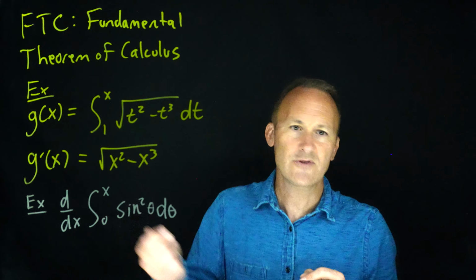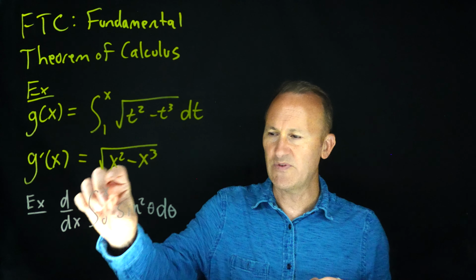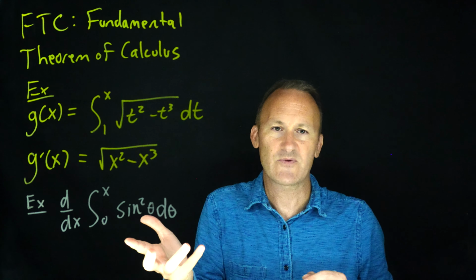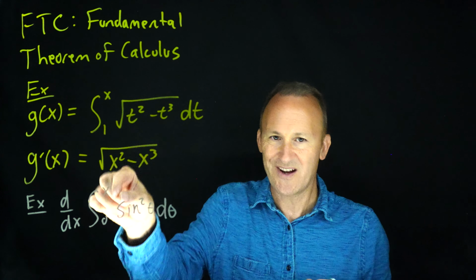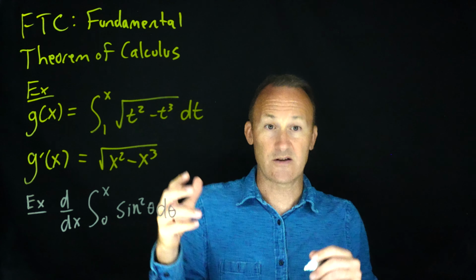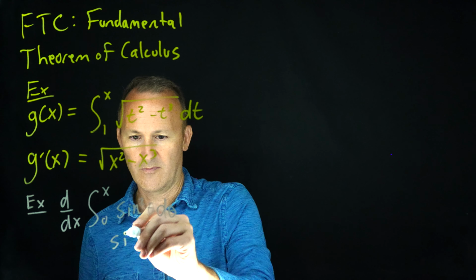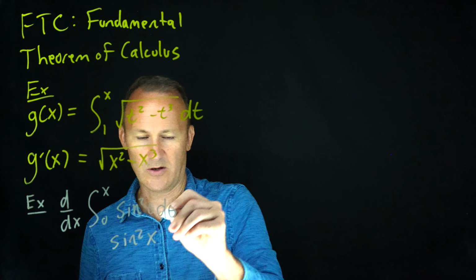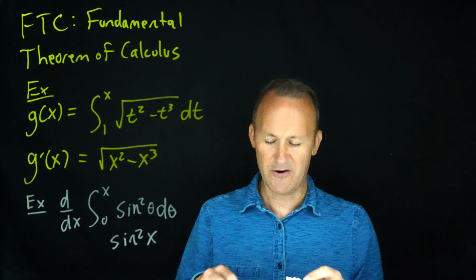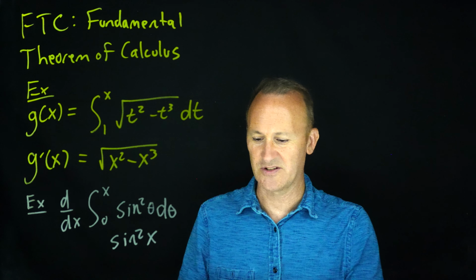Well, this is just like the one above it. The derivative and integral piece cancel each other out, and you're just left with the function, but it's in terms of x. So it's not sine squared theta, it's sine squared x. So, very beautiful, fundamental theorem of calculus.